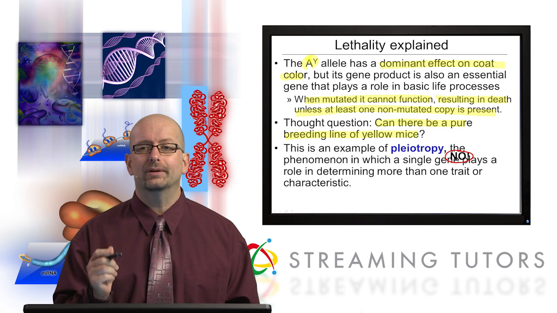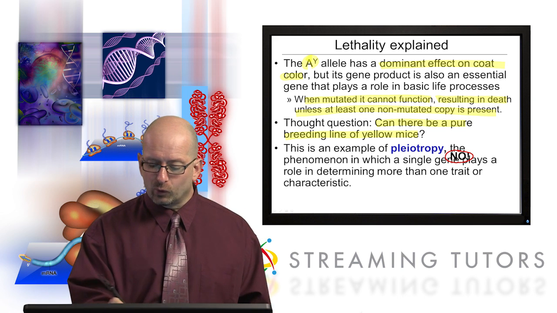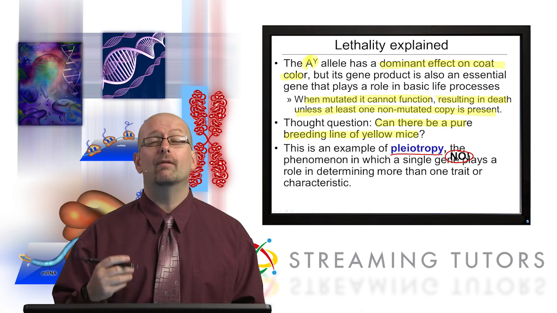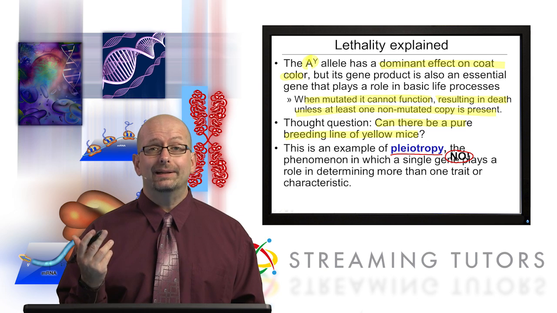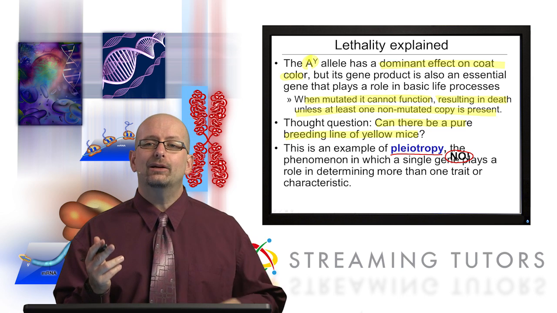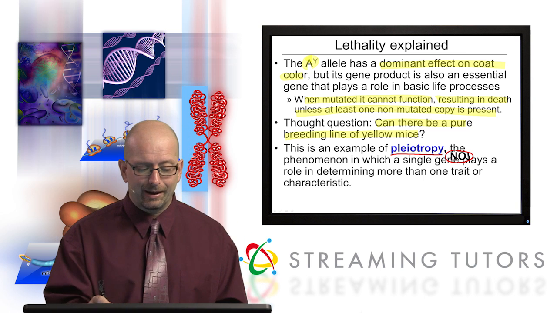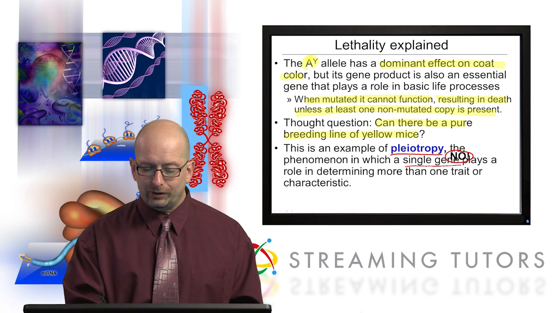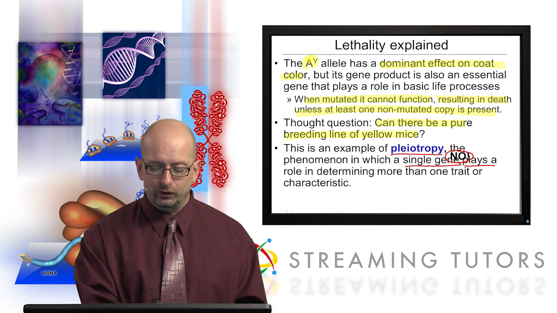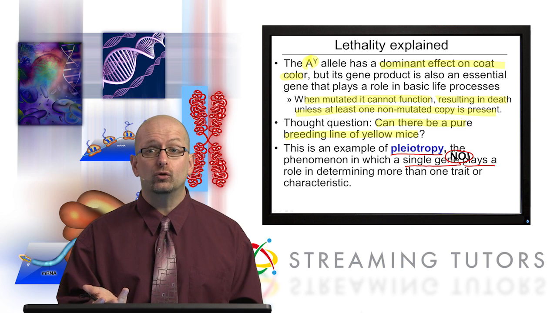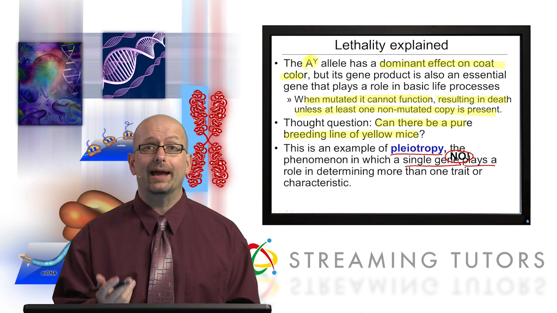That's a great question. Now, furthermore, this is an example of a phenomenon called pleiotropy. And pleiotropy means, I'll give you the definition and then we can talk for just a minute about it: a single gene plays a role in determining or contributing to more than one trait or characteristic.